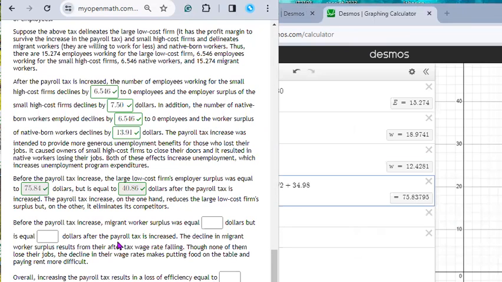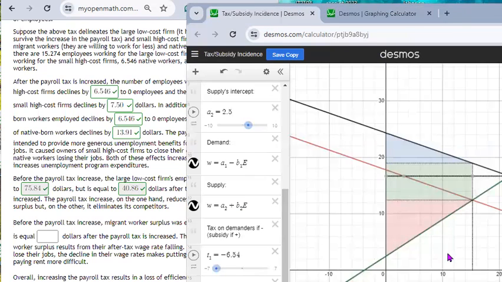And then after the tax is imposed, this upper green rectangle and this lower green rectangle are given to the federal government, right? The firm cuts the check to the federal government in this amount, this upper green rectangle plus this lower green rectangle. So this upper green rectangle represents the loss in surplus to the large low-cost firms. So their firm surplus reduces down to this blue triangle, right?